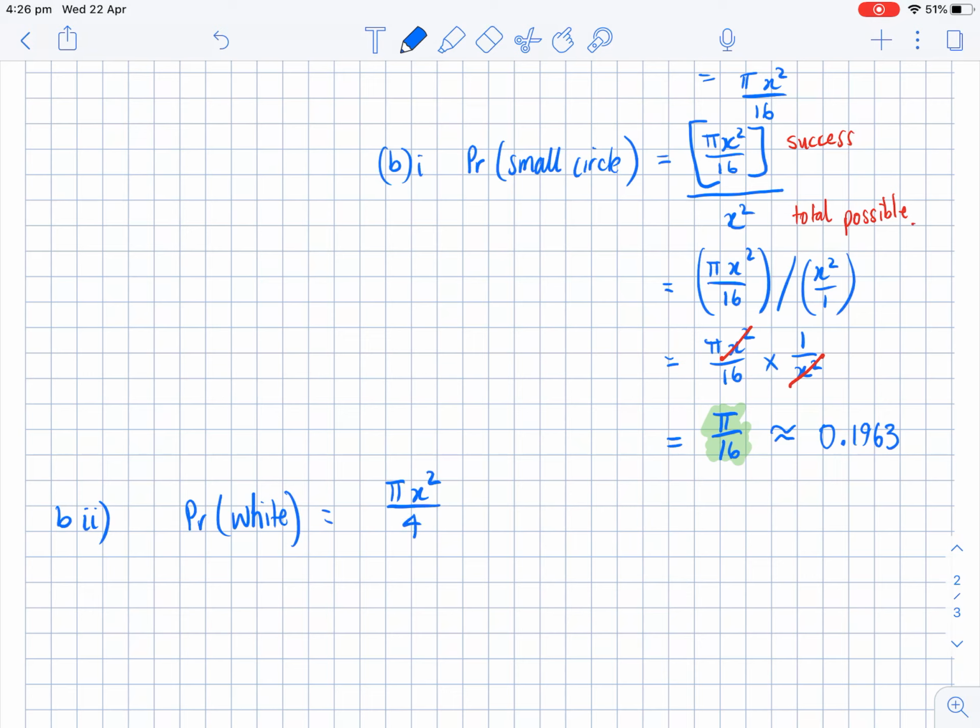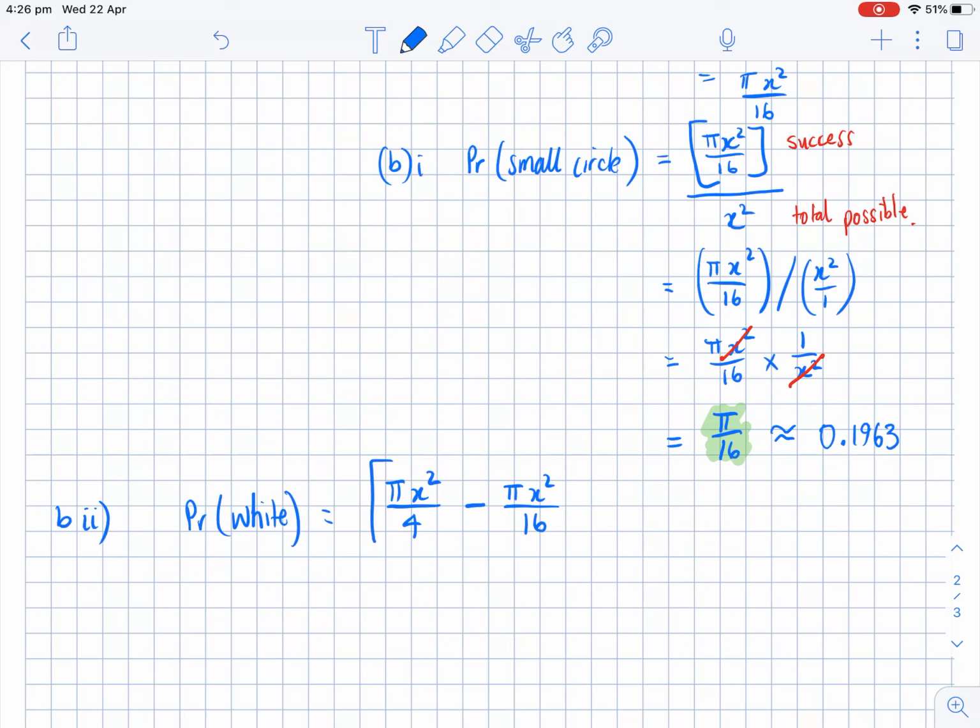Now that's the whole white circle, and that's assuming that the red part hasn't been taken away. But that's what we need to do in this problem, is we need to actually take away the red part, because I don't want to land in the red part, I want to land in just the white bit.